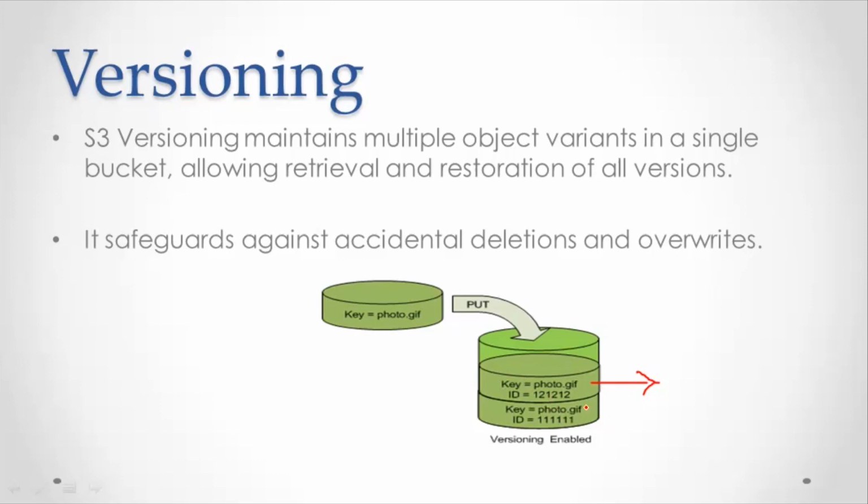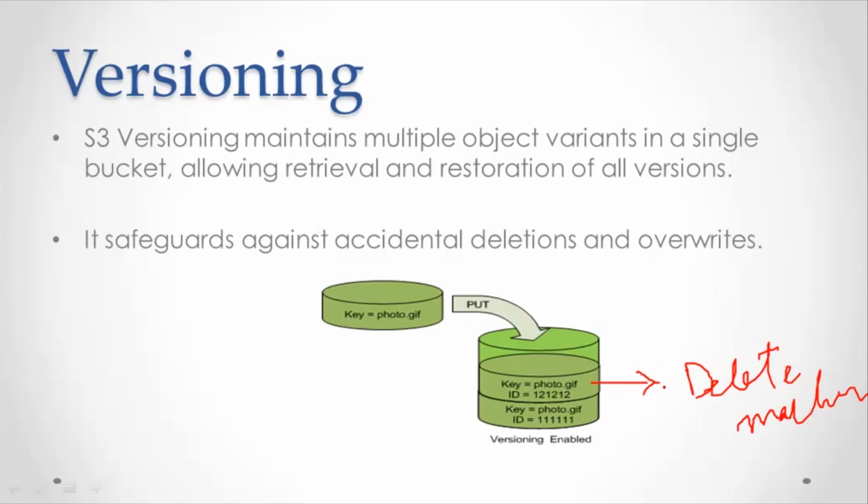But if versioning is enabled, and you or somebody accidentally deletes it, or there is an application overwrite, Amazon S3 will insert what's called a delete marker. This delete marker then becomes the current object version, and you can always restore the previous version.